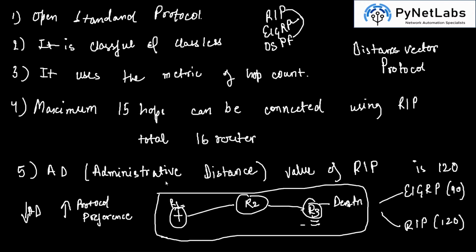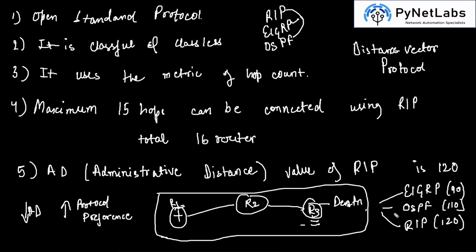So AD value is not something we deal with. It's predefined, and it's just for our understanding that if a network is configured with more than one protocol, let's say OSPF, RIP, and EIGRP, and when we talk about OSPF, the AD value is 110.